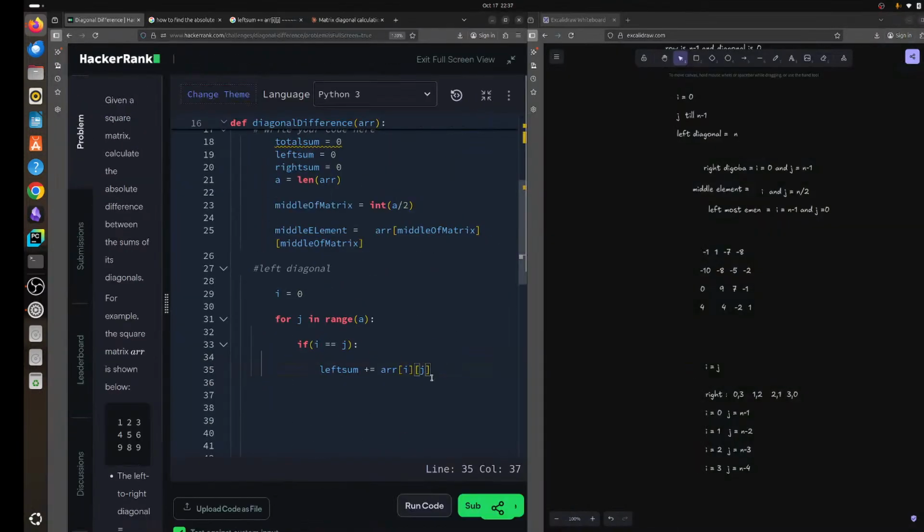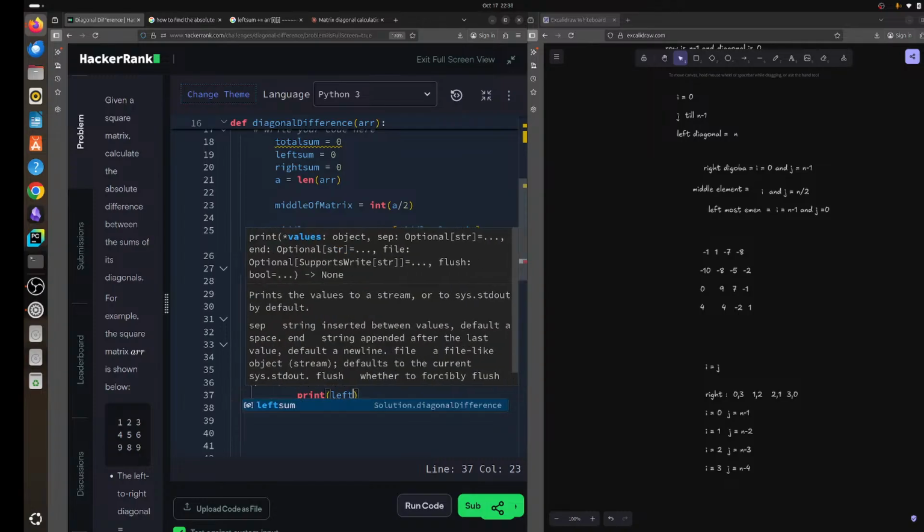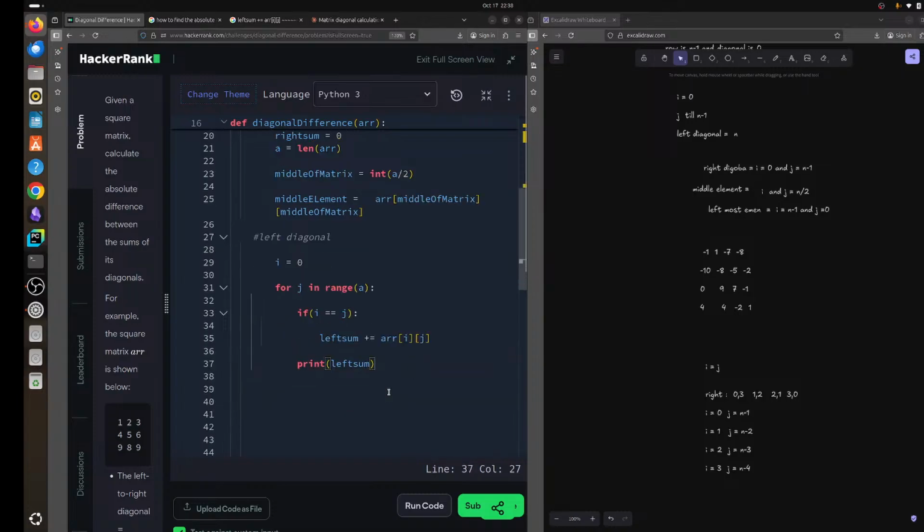Hmm. So this will get us this. Print left sum. This will work out. Now, how will I be increased?